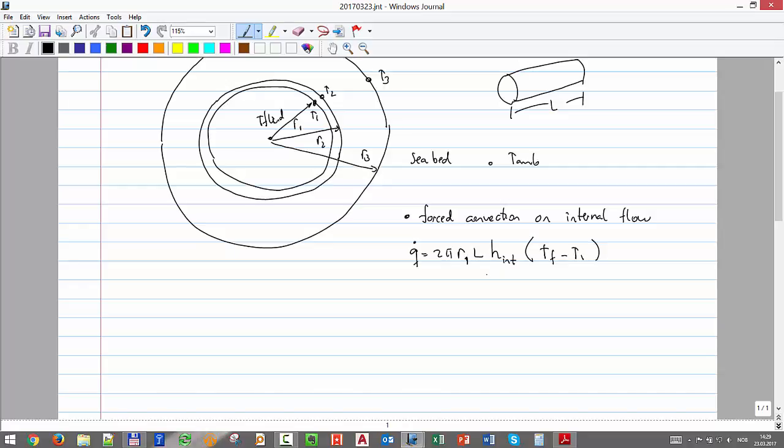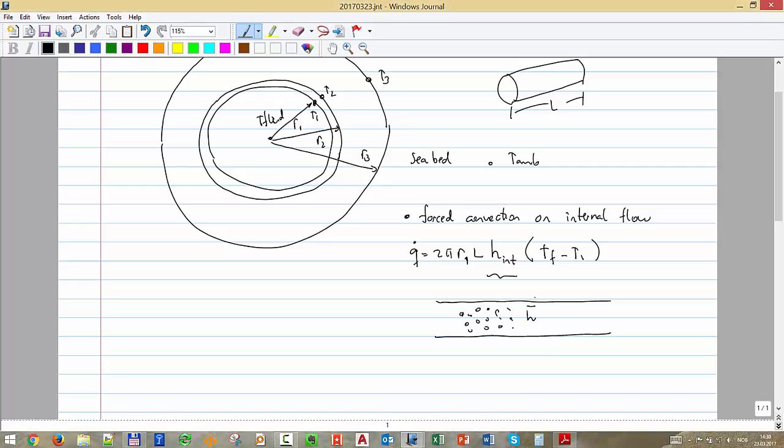Now, one thing that I want to call to your attention is that here, that H really might be, if you want to be formal about it and see what's happening inside the pipe, okay, if you have a mixed flow, then you might say, okay, it's very uniform, so I can assume that there is an average H that dissipates the heat inside.